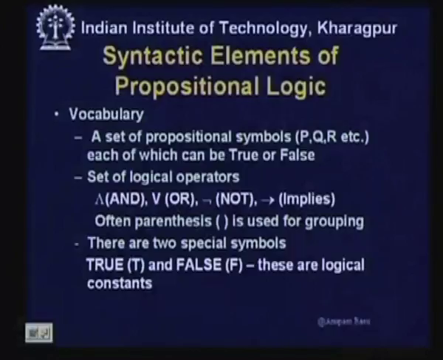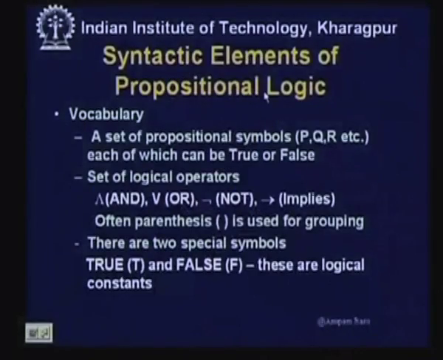Now, let us look a little more formally at the syntactic elements of propositional logic. Any language will have some vocabulary. For example, for the language English, we have the vowels, the consonants, some numbers, etc. Similarly, for propositional logic also the vocabulary is a set of propositional symbols.